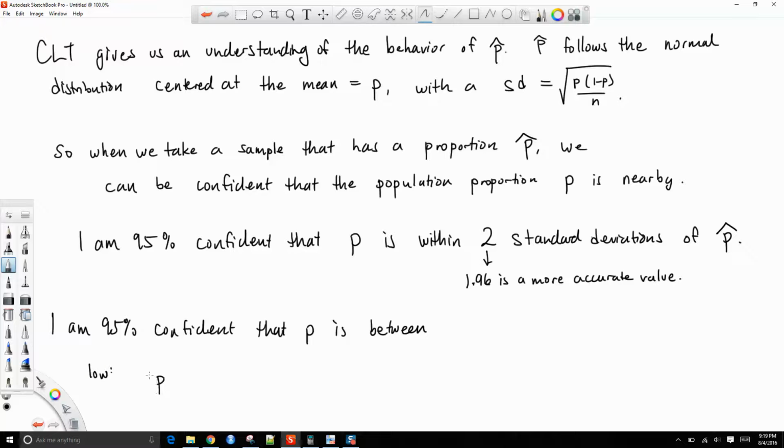I would use P hat, and I would subtract 1.96 times the standard deviation. What's the standard deviation of the sampling distribution called? The standard error. Okay, so I'm going to do minus 1.96 times the standard error. And on the high end, I'll have P hat plus 1.96 times the standard error.